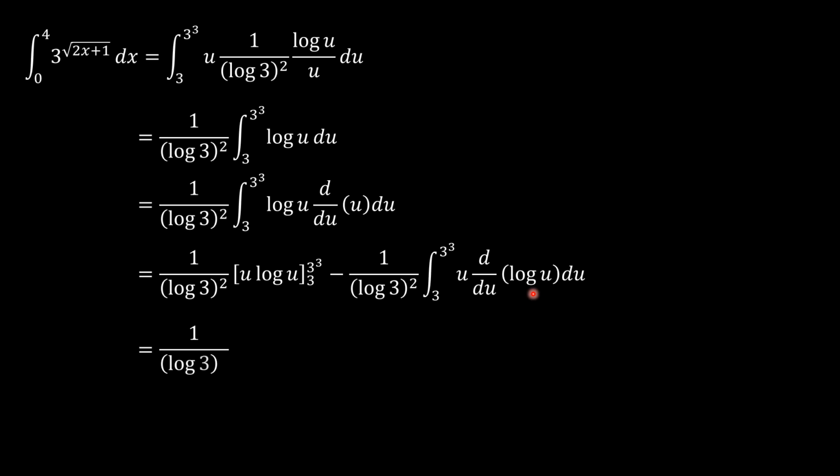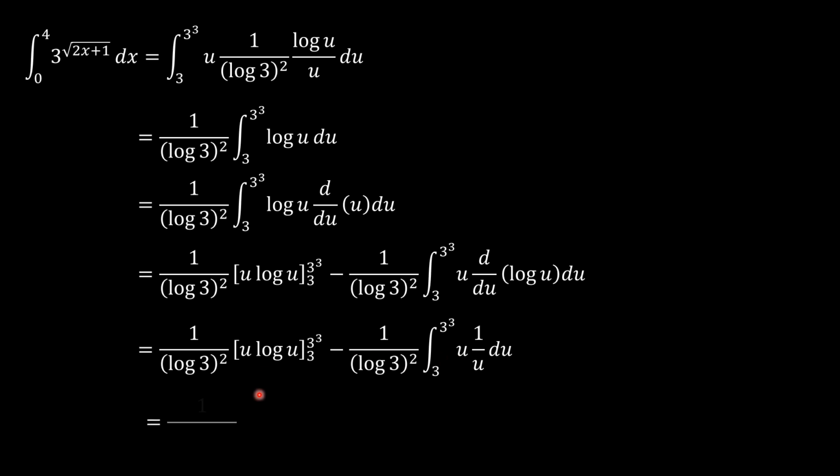And so 1 over u times u cancel in the second integrand, and that means that we just have the integral of 1. So applying the limits, 3 lower limit, 3 to the power 3 upper limit, to the first integration result will be what we'll undertake in the next steps.